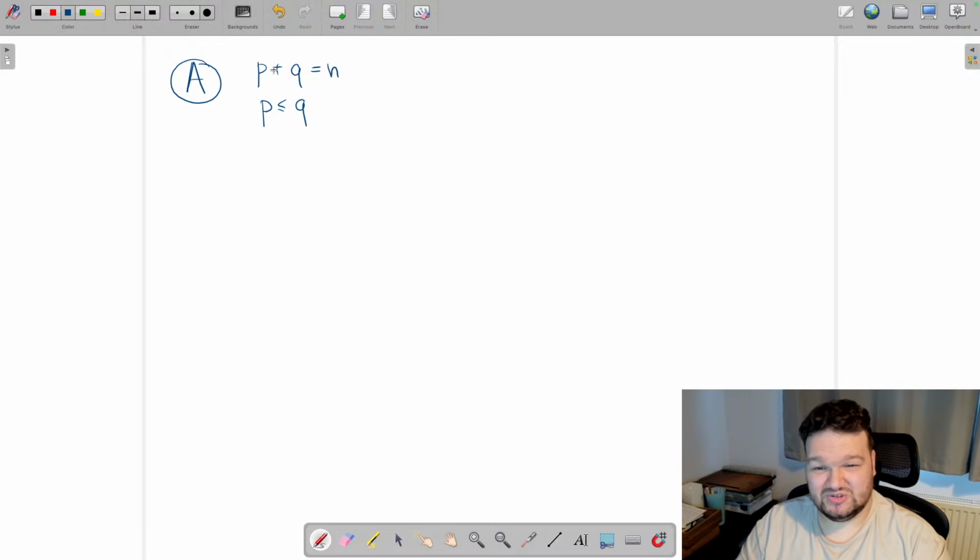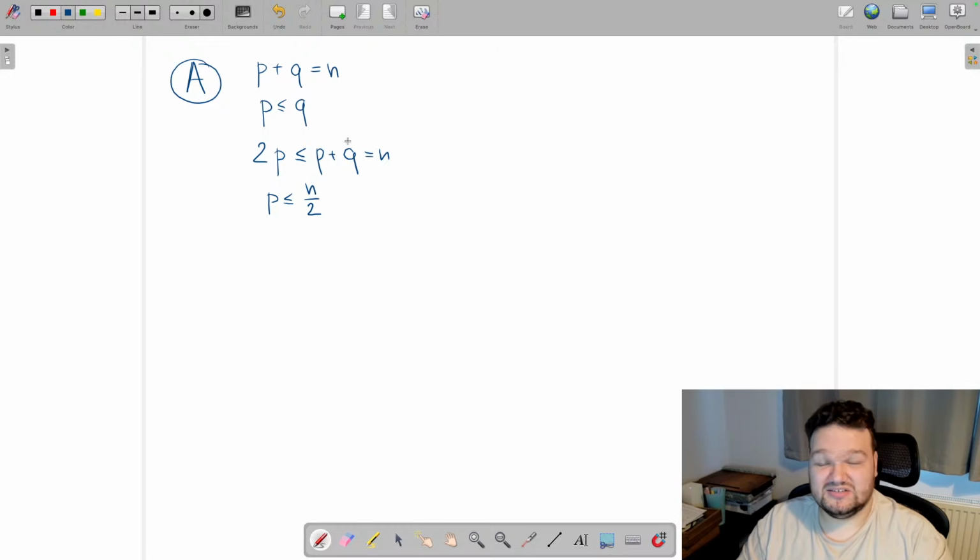Well, it should be pretty obvious that 2 times p is at most p plus q, because 2 times p is p plus p and p is at most q, so 2 times p is at most p plus q, which is n, so p must be at most n over 2.